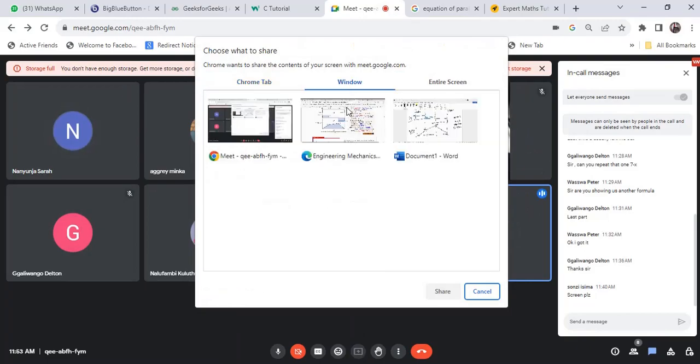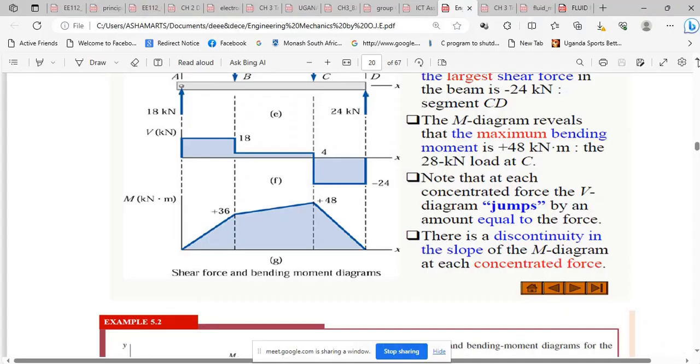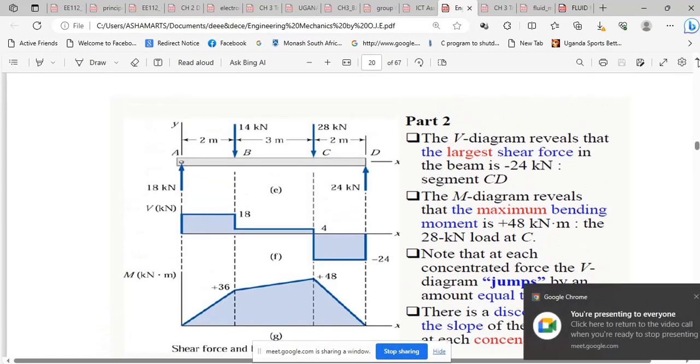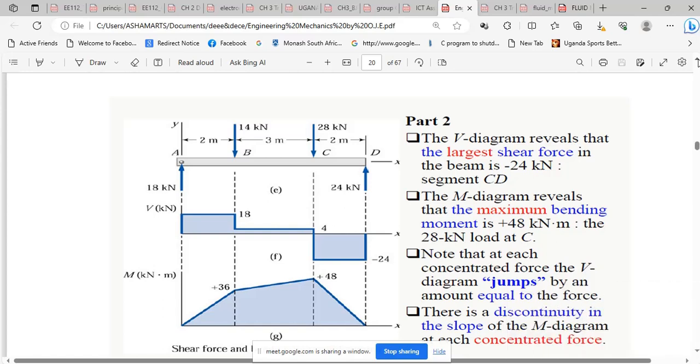Yeah, green. If you check properly, you see that we have it very much correct. You can look at it, you see here our reactions are 18, and here at D it is 24.